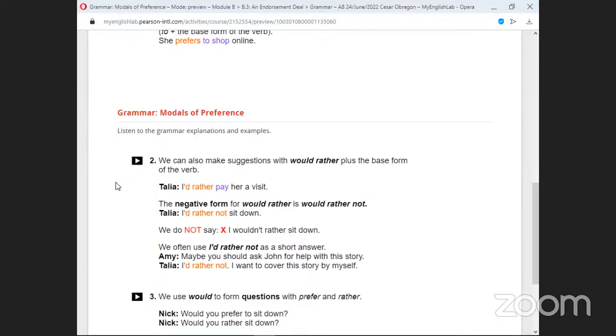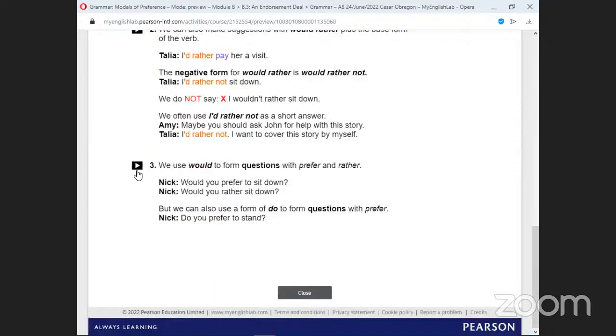Do you have any questions? No. Okay, awesome. Now let's go to the third part. Are you ready? We use would to form questions with prefer and rather. Would you rather sit down? But we can also use a form of do to form questions with prefer.